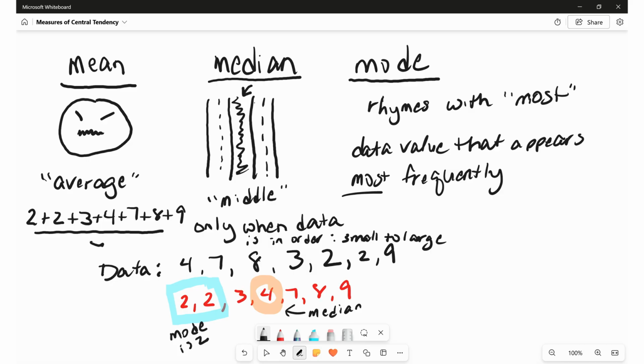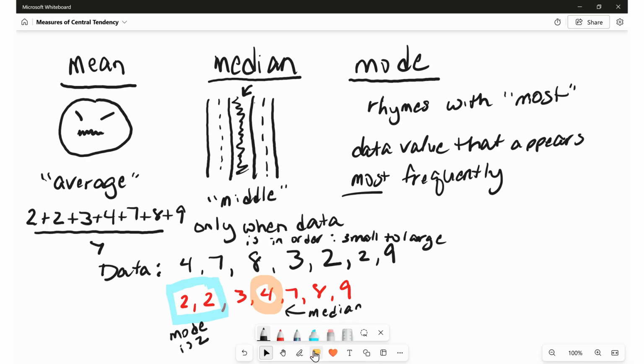And in this case, it's 7. I'm actually going to work out the number for this in another example coming up here. But just for now, that's what we're looking at: mean, median, and mode.